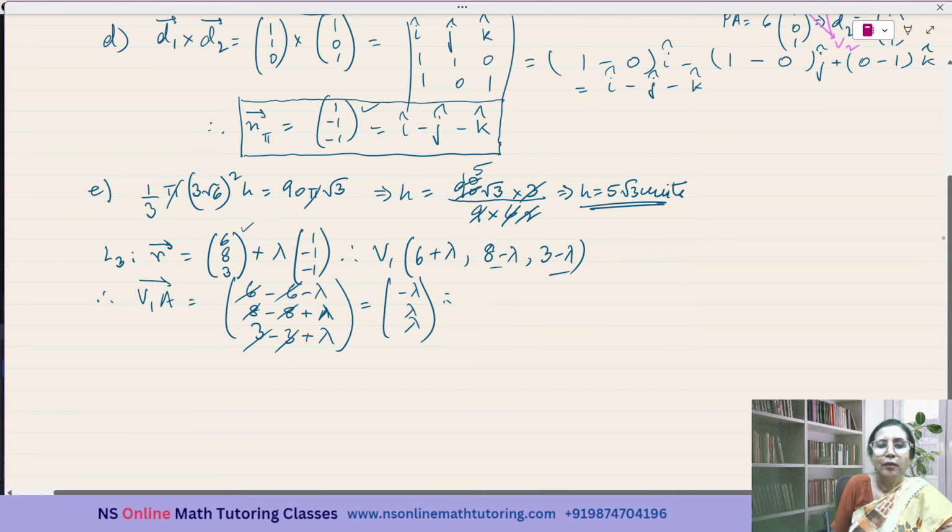Therefore, the magnitude of the vector V1A should be equal to h, which is 5 root 3, because I want to find the value of lambda.